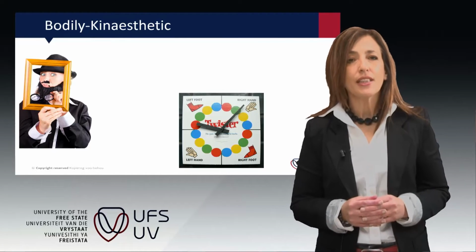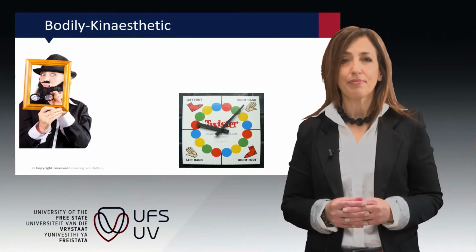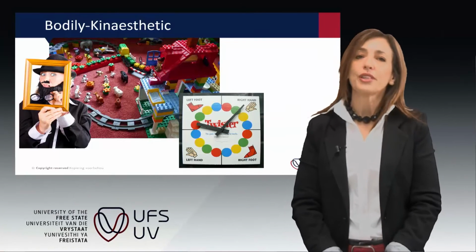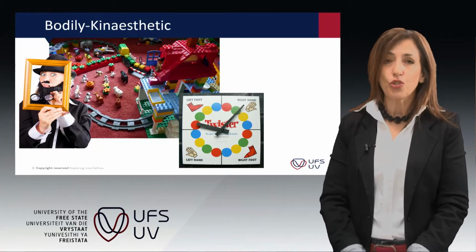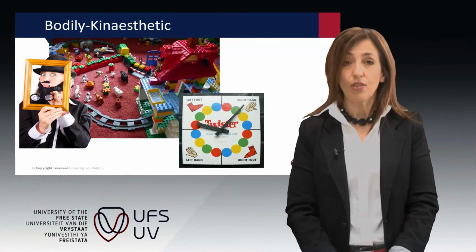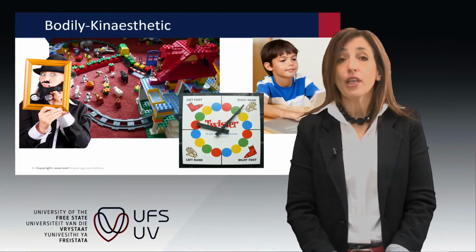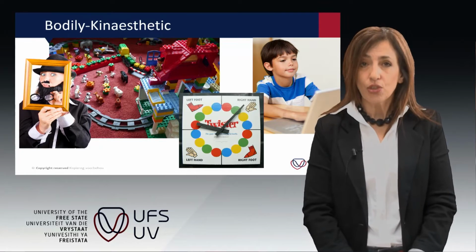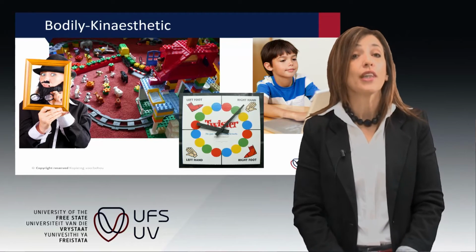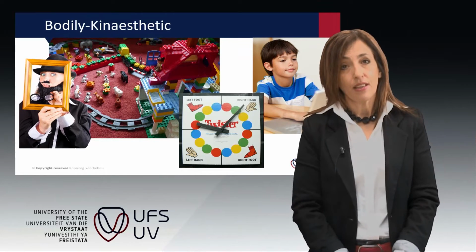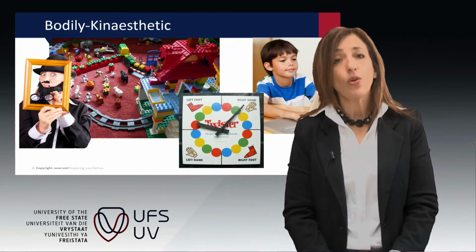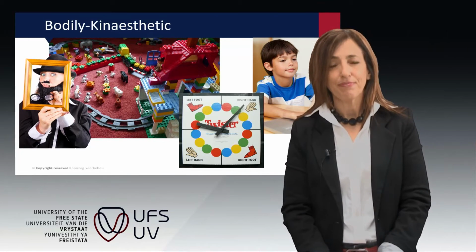Playing games like Twister and Simon Says. Building objects using blocks, cubes, or Legos to represent concepts from content area lessons. Using electronic motion simulation games and hands-on construction kits that interface with computers. Find more activities in your reading section.